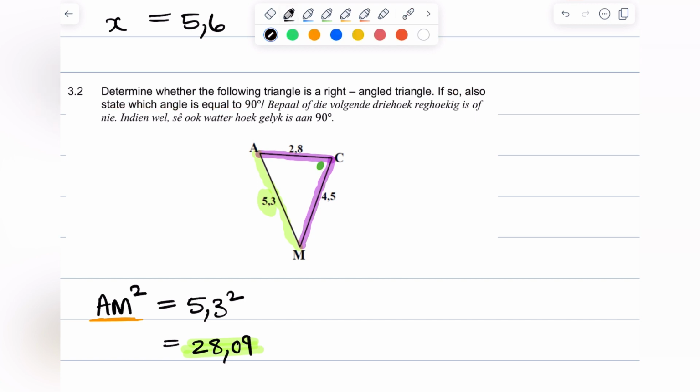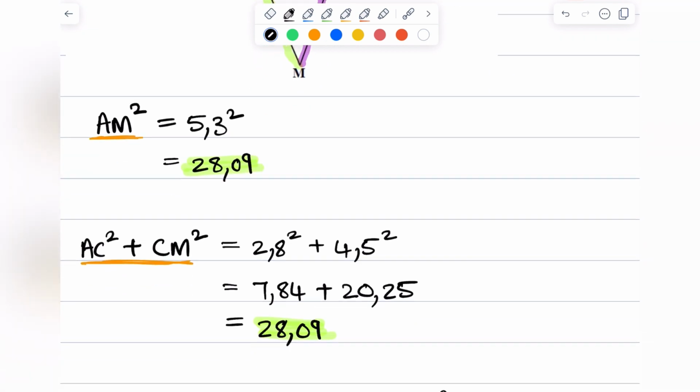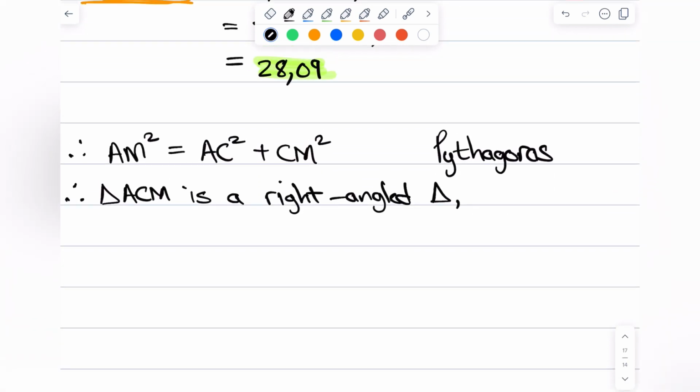So we said that if this had to be a right angle triangle with the hypotenuse being the longest side over here, then of course the 90-degree angle would be angle C. So we have proven that this is right angled, and we can say therefore ACM is a right angle triangle with angle C equal to 90 degrees.